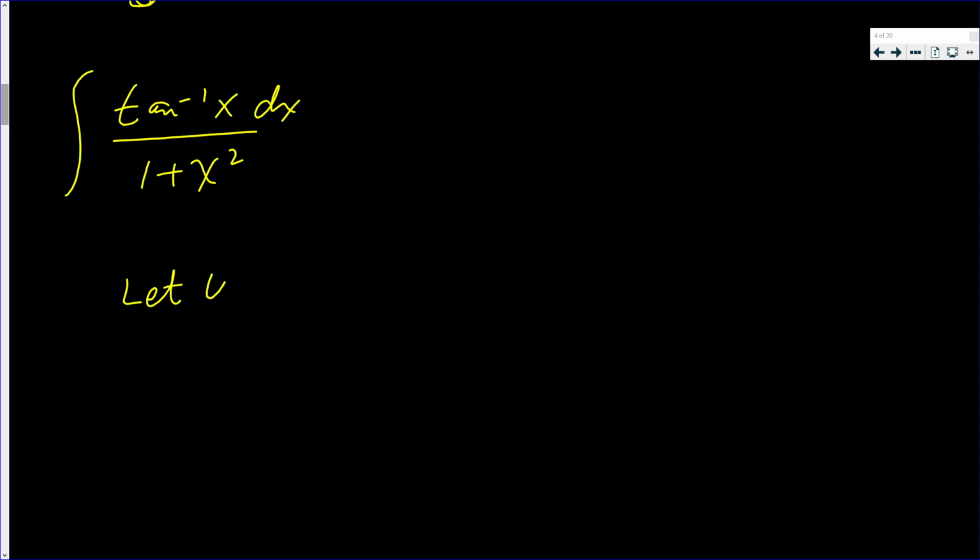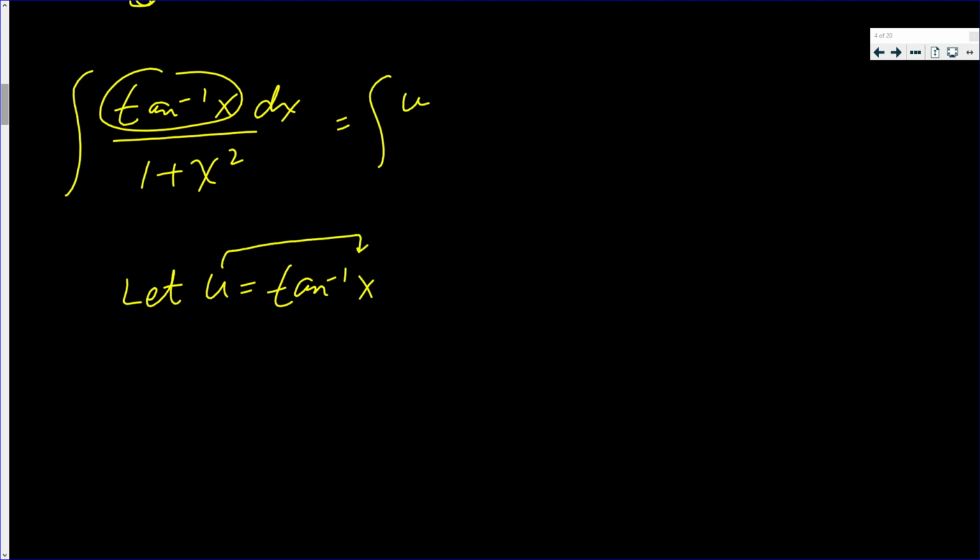You can let u equal the denominator. Sorry, let u equal arctan x, or tan inverse x. Okay, so we know what that is. That's u. Now my goal is to find out what dx is.